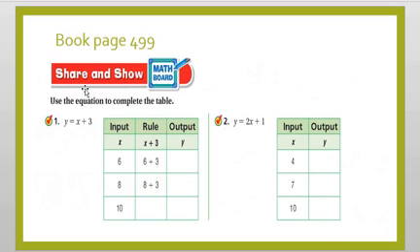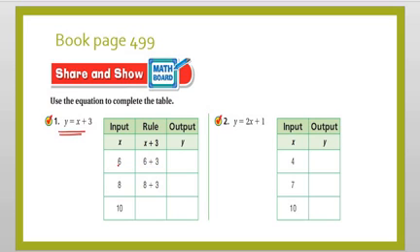Look here at page 499. This is very nice. Use an equation to complete the table. We're going only to plug in or substitute, remove the x and put the values that he gave us. Okay? He already gave you the relation or the rule or the equation.